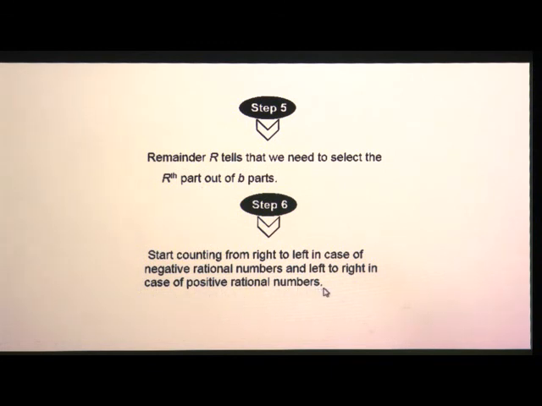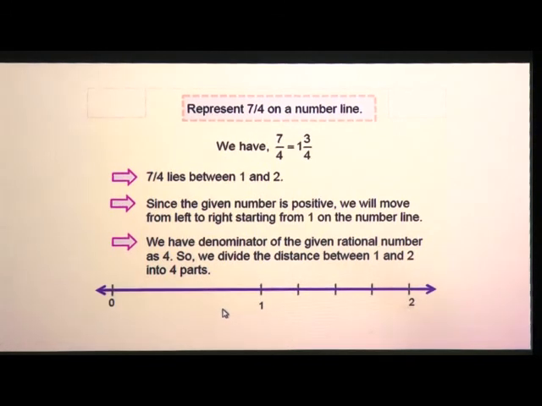Now, you know the number line that we use to represent integers, so the same rules we follow here. In this way we can represent the rational number on a number line.